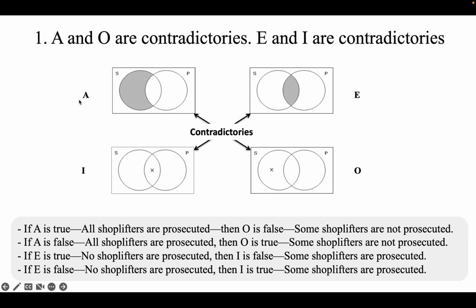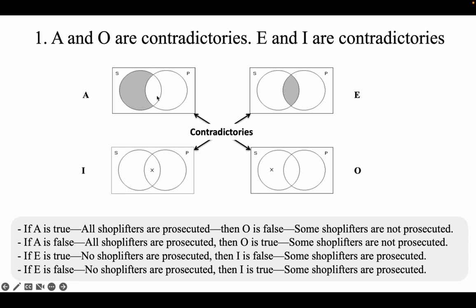So let's use again our example of all shoplifters are prosecuted. As you can see, if there are any shoplifters, they're all prosecuted. Now if this is true, there's no X there.